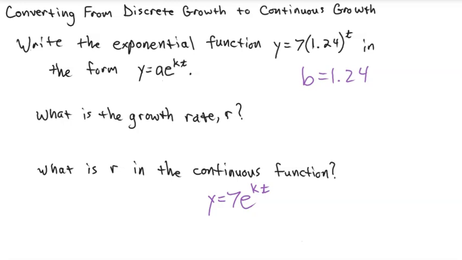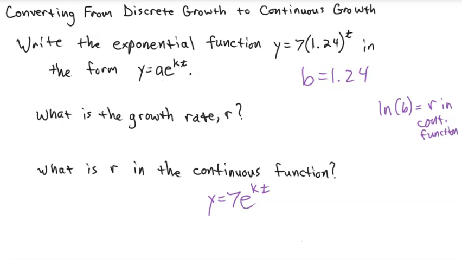So the way that we find the growth rate r for a continuous function is we basically just take the natural log of b. All you do is the natural log of b, and we get the r in a continuous function.